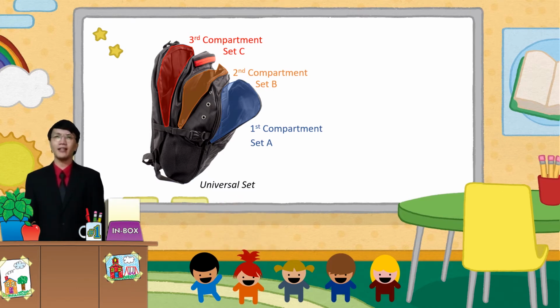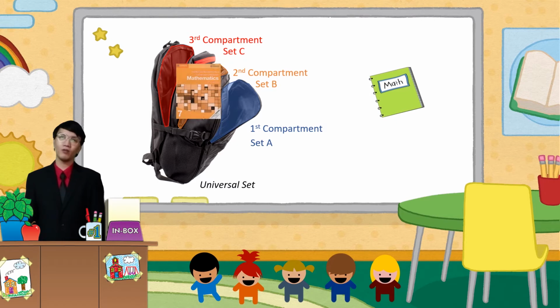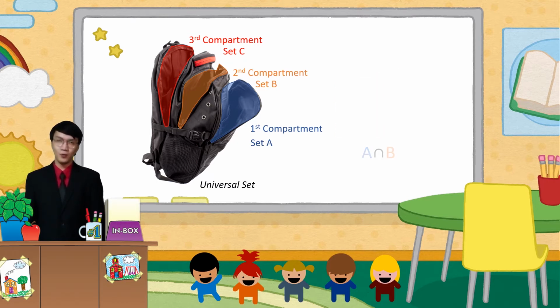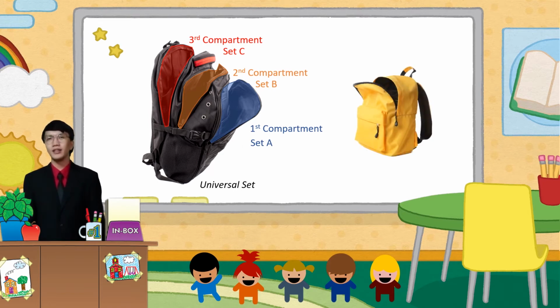Now that all the items are inside of my backpack, suppose we need to get a math notebook and a math book from the first and second compartment. Since we want to identify and get the math-related items in both sets, then we consider this example as the intersection of 2 sets. Suppose we want to remove all the items from compartment 1 and 2 and place them into a new backpack in the same compartment.